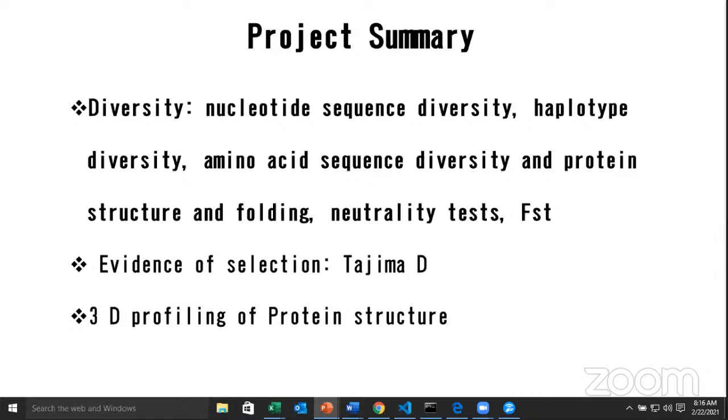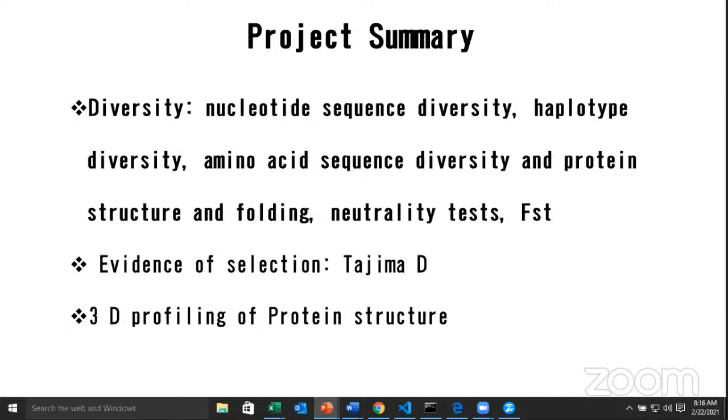For instance, looking at PCAs to see whether these genotypes cluster differently for different populations such as West Africa and some other parts like Southeast Asia, and also determining the evidence of selection using Tajima's D. From this course I've also learned how to do 3D profiling of protein structure.